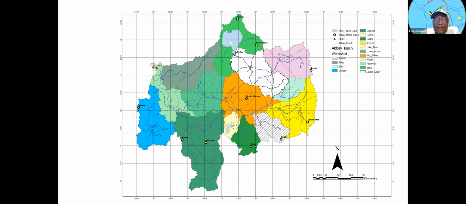So I think this is something the Ethiopian government needs to take very seriously: develop a gauging station in the upstream of the watershed and make that data available, so that this kind of simulation can assist in the operation of the reservoir in the future or for other purposes. Next slide, please.